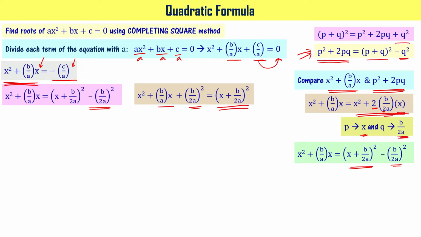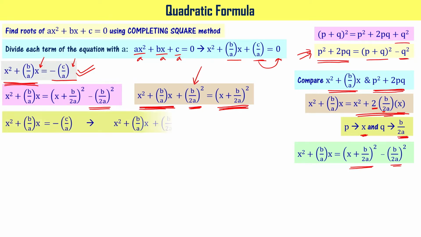When you look at this, what you can say is, by adding b by 2a whole square to x square plus b by a x, we could transform that into a complete square, right? Now look at this equation. I have x square plus b by a times x on one side and minus c by a on the other side, right? Now I want to add b by 2a whole square to both sides of the equation.